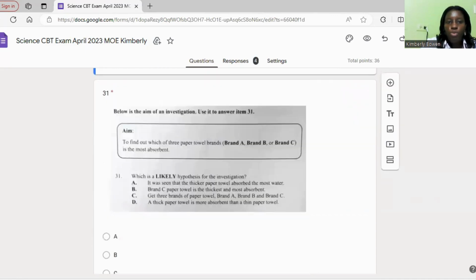Let's move on to number 31. Below is the aim of an investigation. Use it to answer item 31. Aim: to find out which of 3 paper towel brands, brand A, brand B, or brand C, is most absorbent.